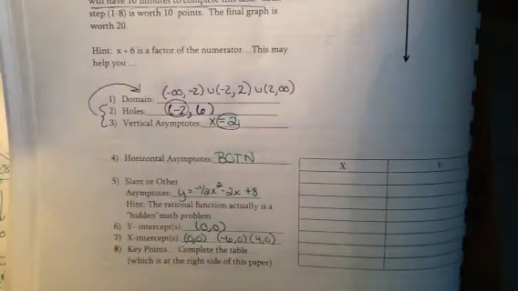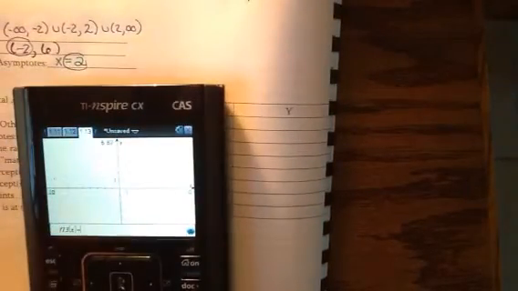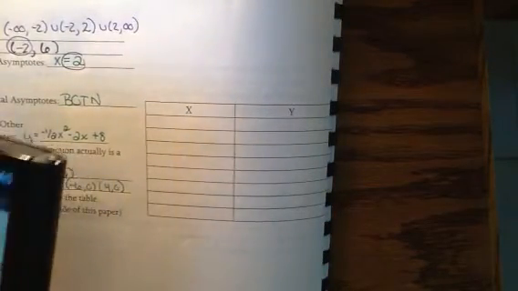Okay, so now the last thing we have left to do is fill in this table. And it's completely okay with me if you use your calculator to do this. And we're actually going to do it as smart as we can. So what I'm going to do is I'm actually opening up a new graphs page, and I'm going to type my function. Not because I want to copy down my graph, but because it'll make it really easy for me to make a table.